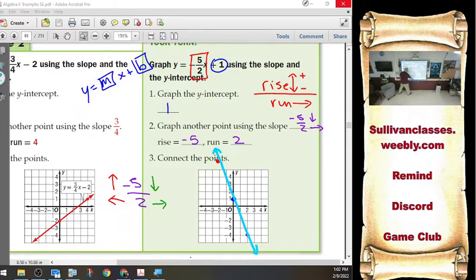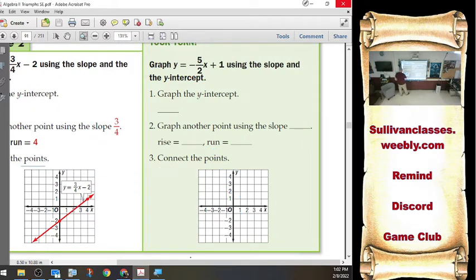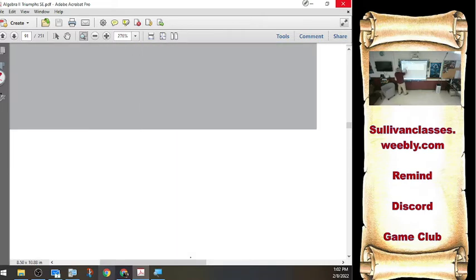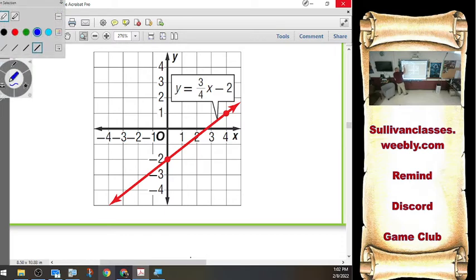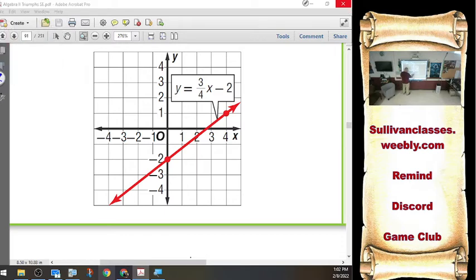So I really want you to dial in on how that slope works. I'm going to come over here. This guy has a slope of 3/4. So from my y-intercept, I go up 1, 2, 3, over 1, 2, 3, 4.